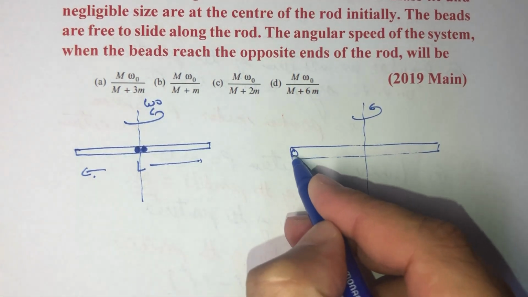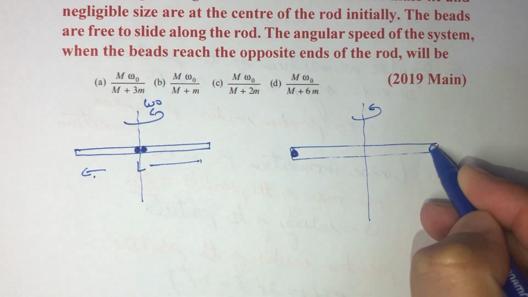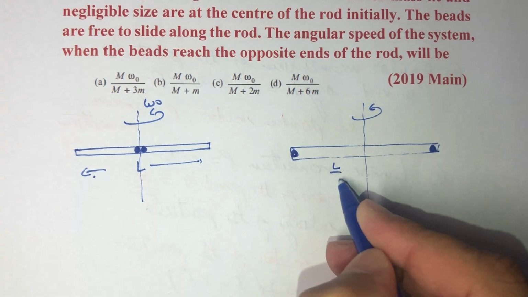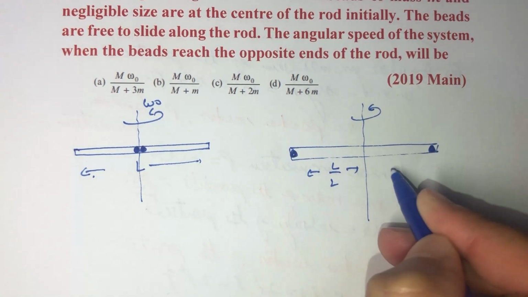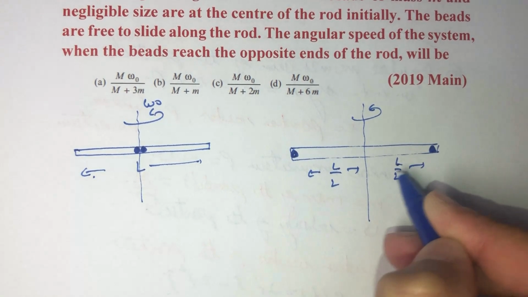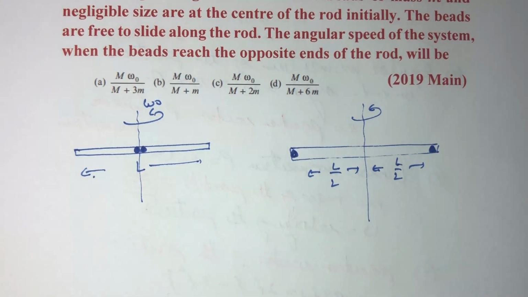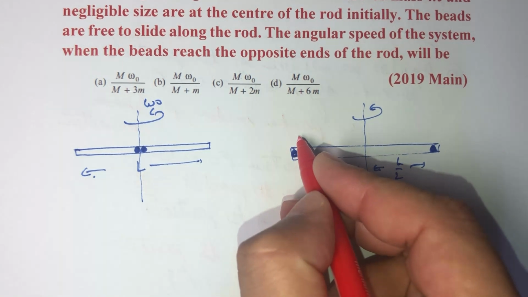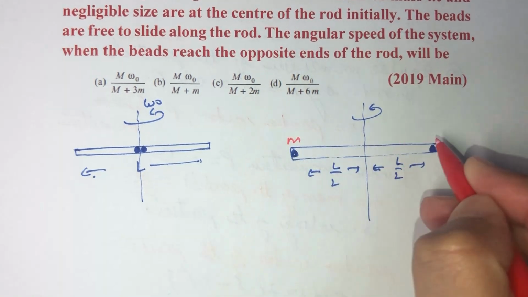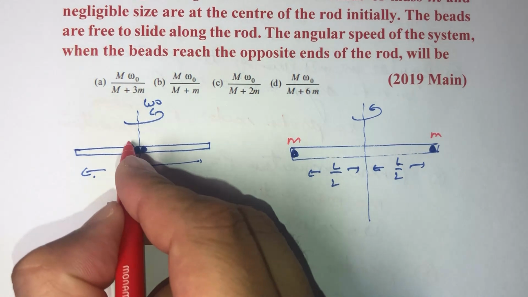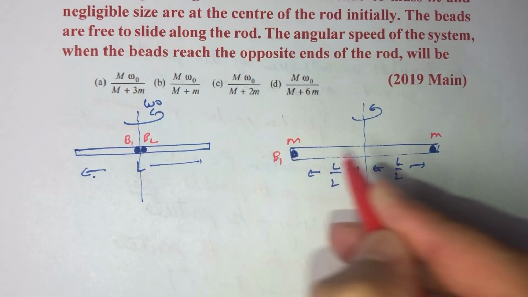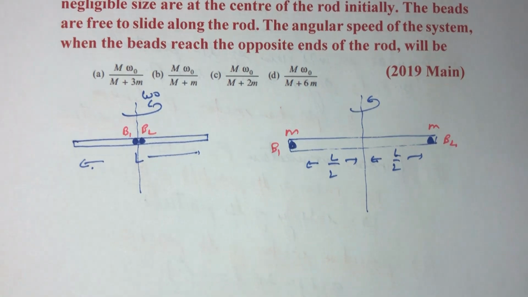So now one bead is here and another will be here. So the respective distance from the center will be L by 2, and the mass of the bead is given as small m. So this is bead 1, bead 2, bead 1 and bead 2.